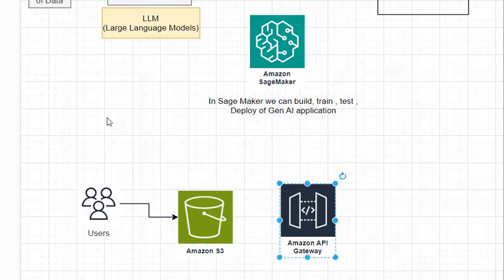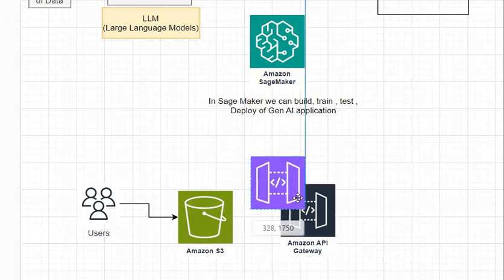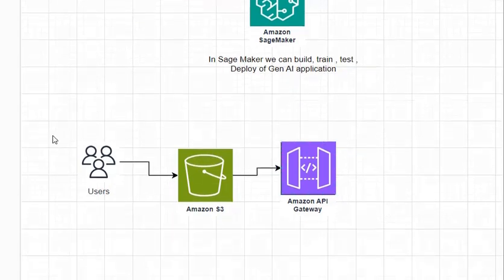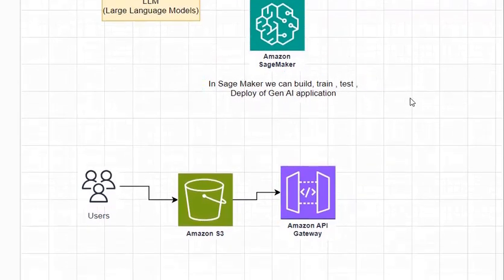For that we are using API Gateway. By using API Gateway, we have created an API request, and whenever the user submits the question, it will first move to this API Gateway, which will send that request to the backend, that is SageMaker.